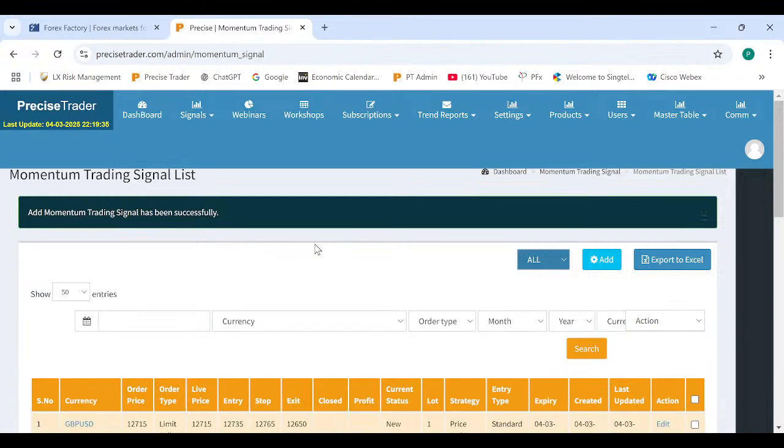Let me key in this order as well. Okay, selling at, we already have selling at 50, yeah.